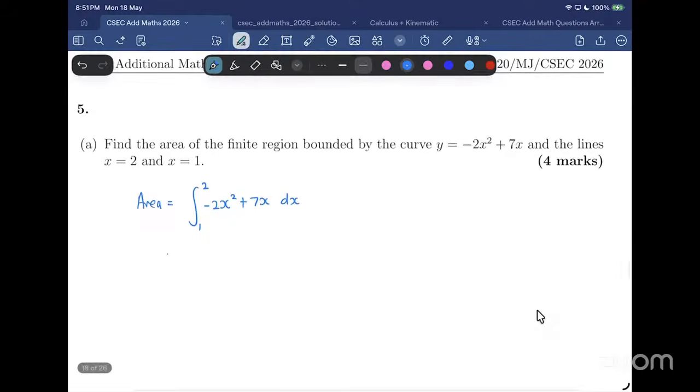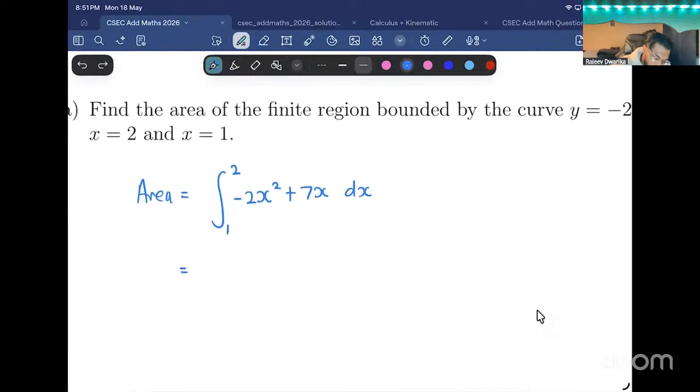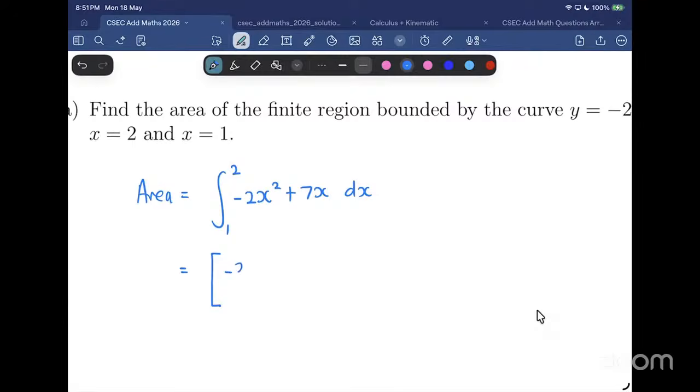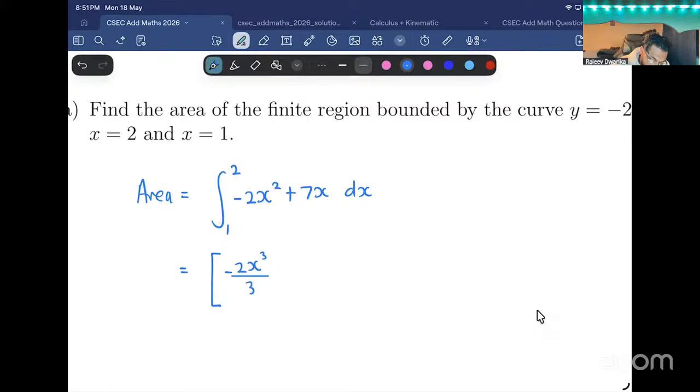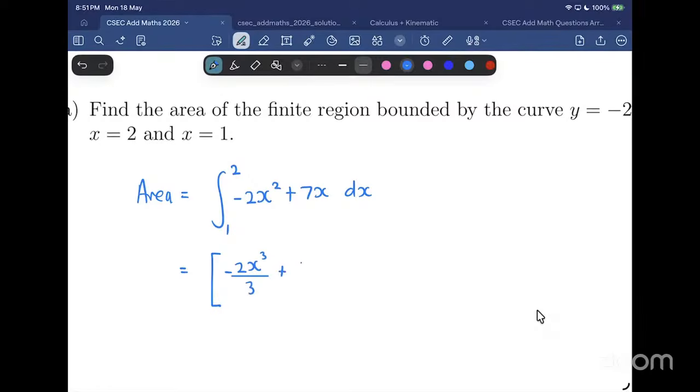I think I recall this from yesterday. So if we integrate this, I'm going to add 1 to the power and then divide by that new power. So this will be minus 2x, 2 plus 1 is 3, divide that by 3. Do the 7x for me now. 7x squared divided by 2.